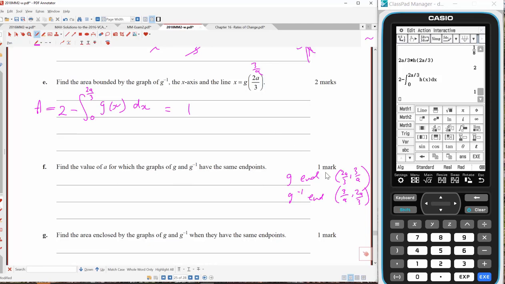So basically, if I equate either the x's or the y's, I'll solve for a, and that will mean these two values are the same, which should by default mean that these two values are the same. All right, so let's do it. I'm going to solve 2a on 3 equals 3 on a for a.